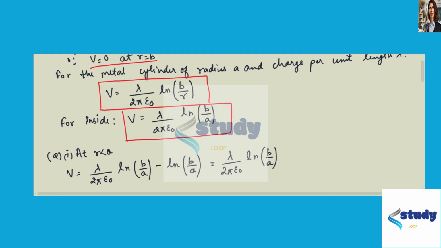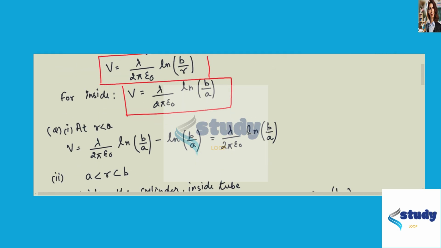So when we are asked to find the potential V(r) for r less than a, V is given by lambda by 2 pi epsilon naught ln b by a minus ln b by b.